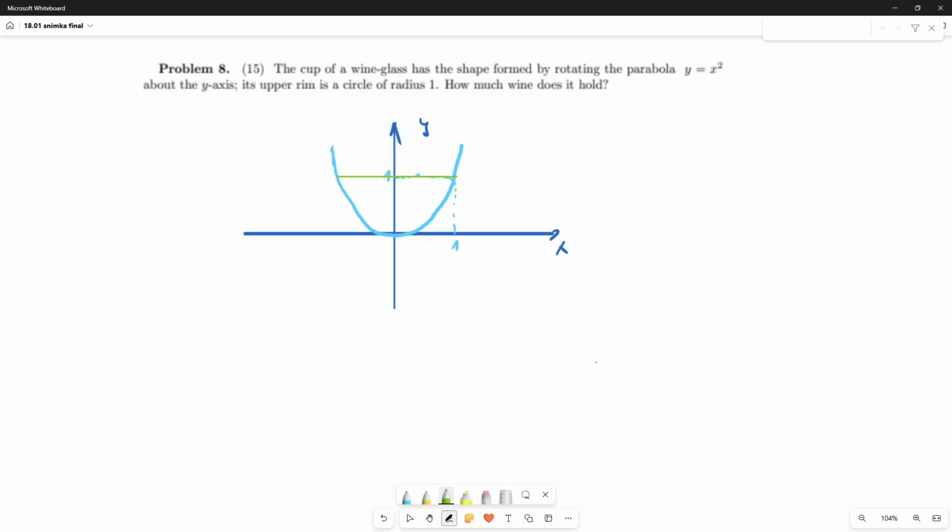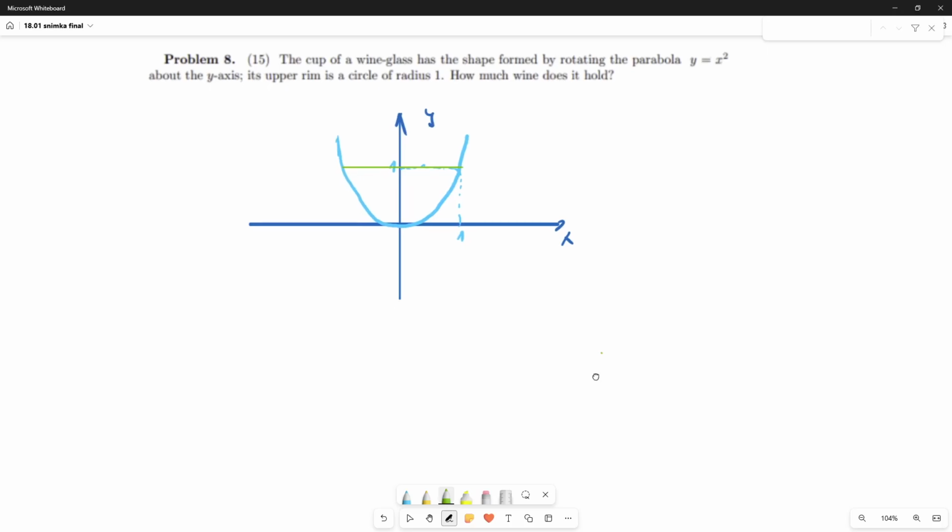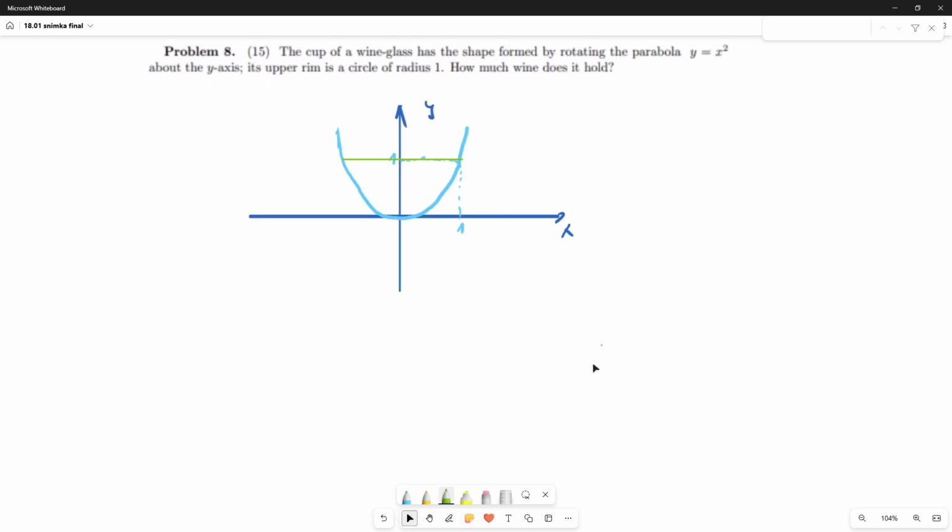So there are two ways to do this. One way is to consider the unit volume as a disk that is formed by the rotation of a single point of the curve.